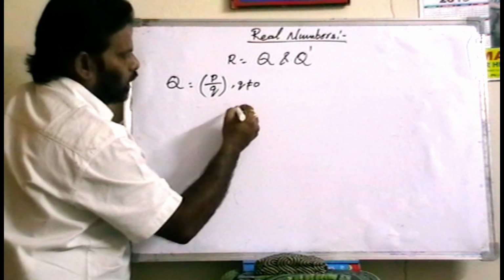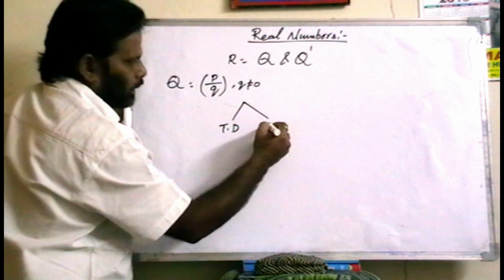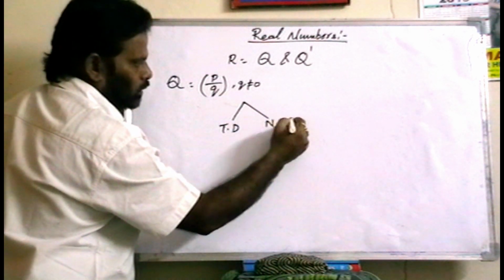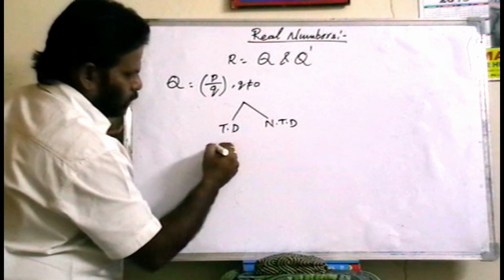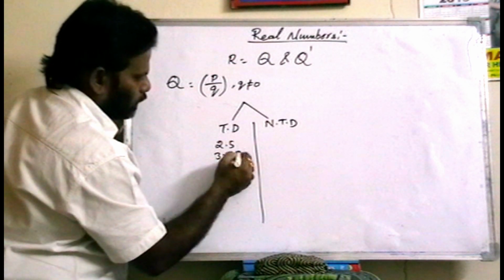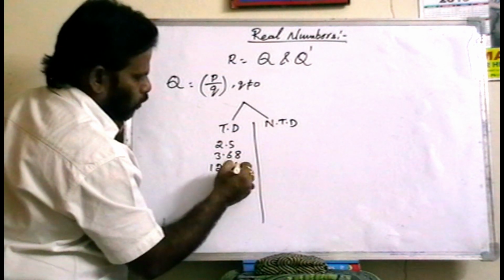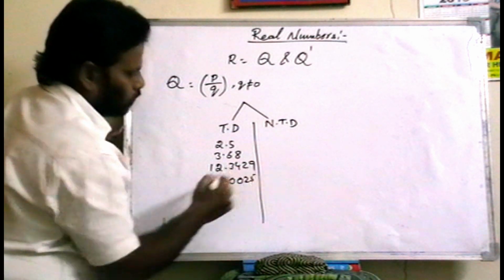Decimals are of two types: terminating decimals and non-terminating decimals. Terminating decimals are, for example, 2.5, 3.68, 12.3429 and 1.0025.